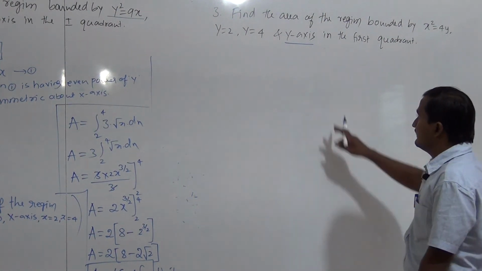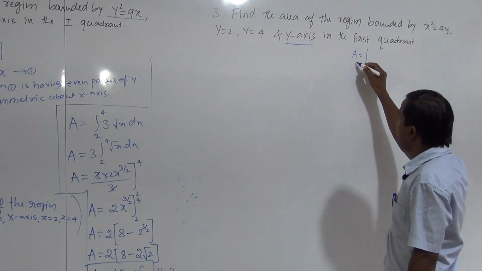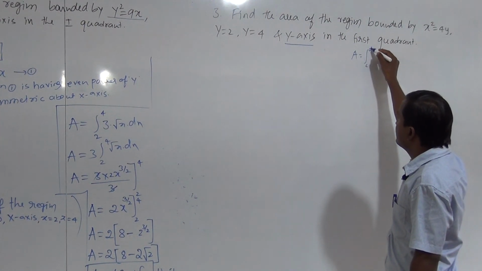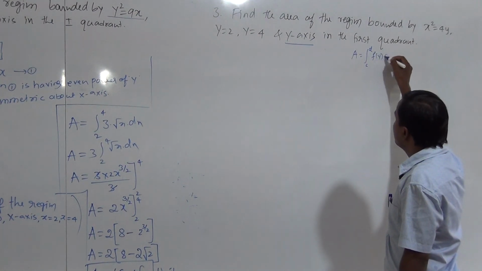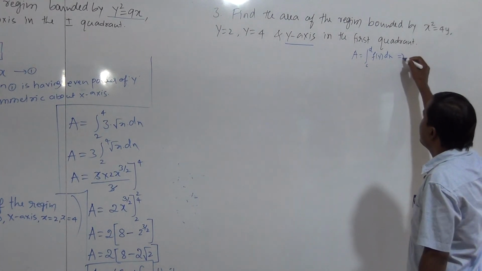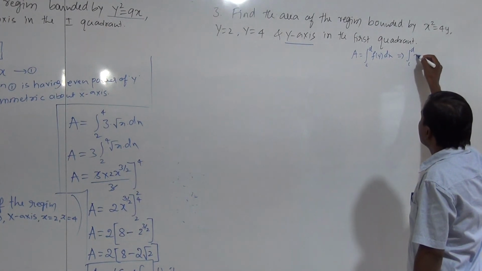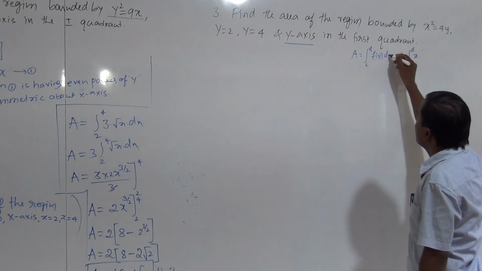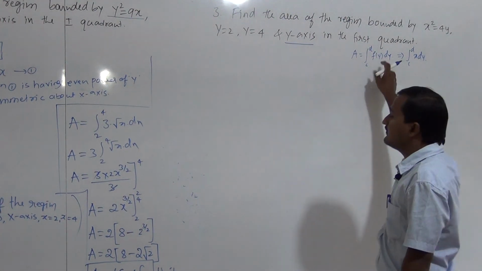If the area lies on the y-axis, we will take the area from c to d, that is f of y into dy, so x into dy we will take, from c to d. So this is the formula.